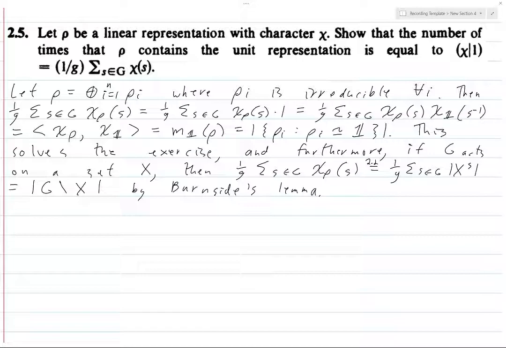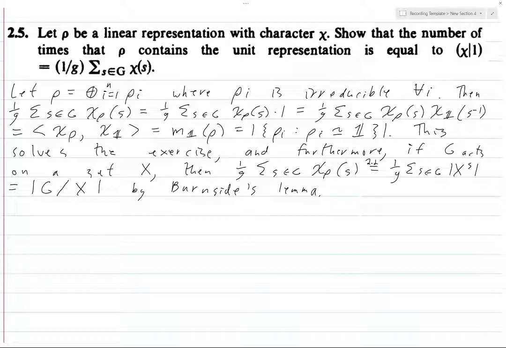Did I write this correctly? Should this be G? Should the slash be that way? I think this slash is for exclusion. But is it G mod X?